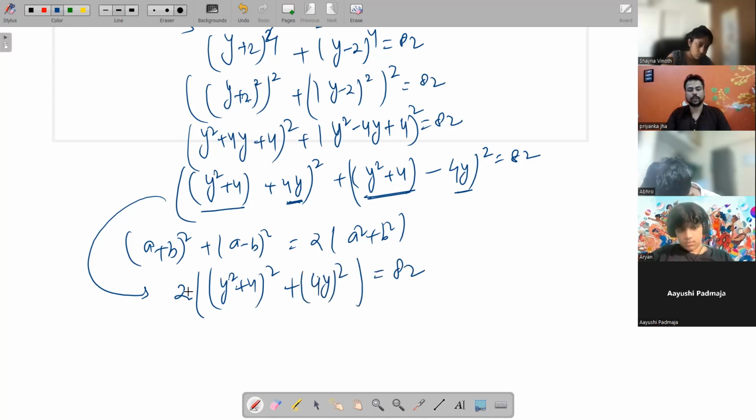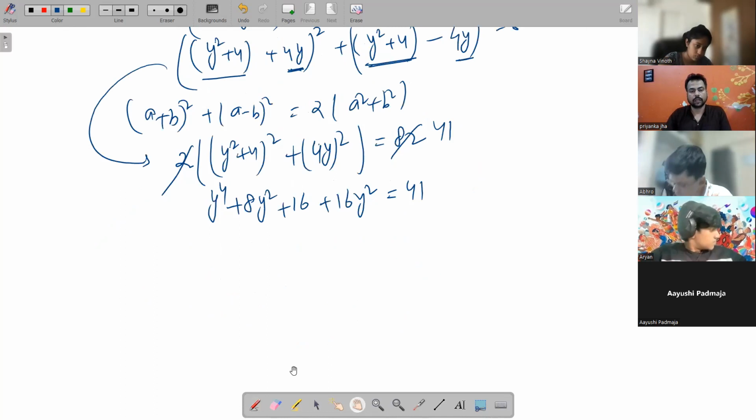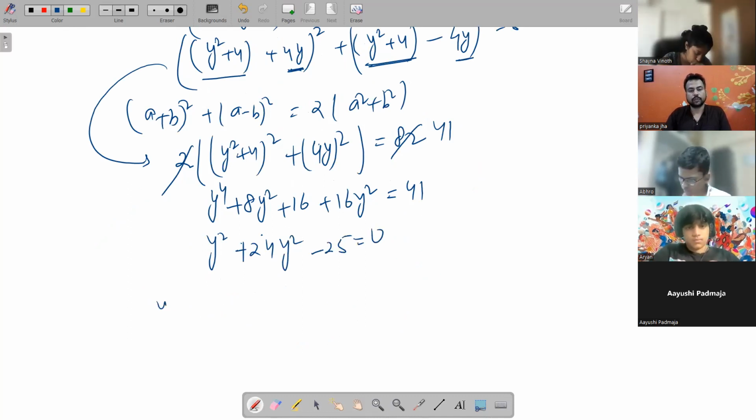This is equal to 82. So 2 will cancel, and let's open this, and we get y to the power 4 plus 24y square minus 25 equal to 0.